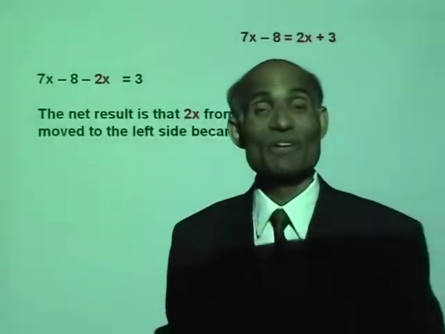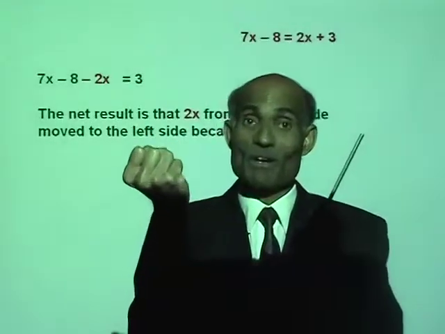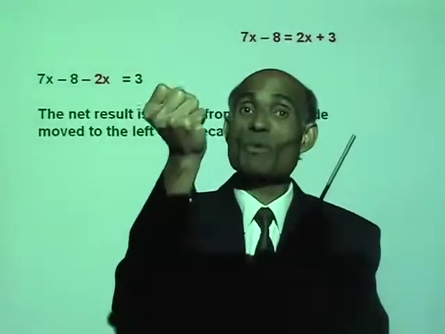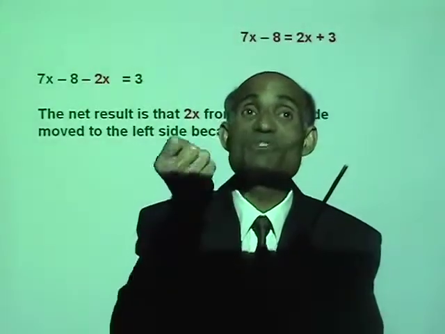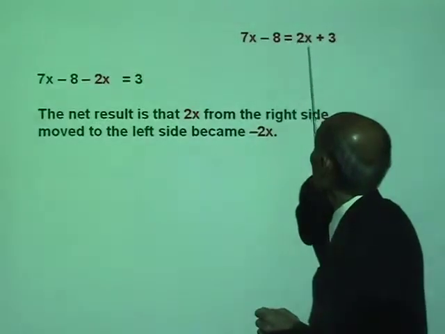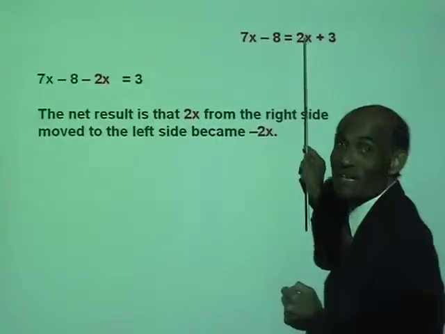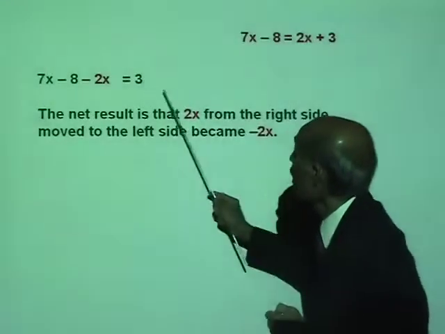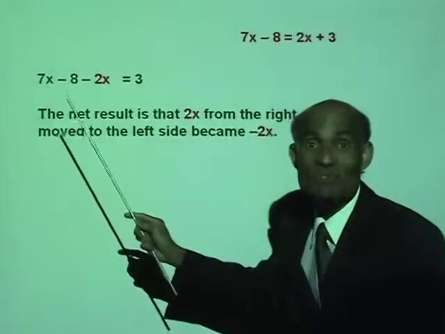It means you can actually move a term from one side of the equation to the other by simply changing its sign. You see, a 2x which was originally on the right side of the equation now sits on the left side, which is now a negative 2x.